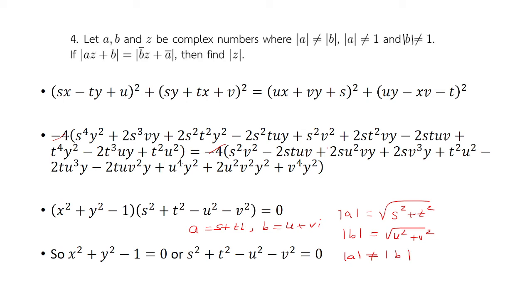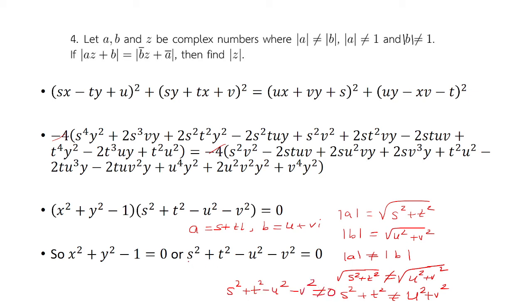In other words, the square root of s squared plus t squared does not equal the square root of u squared plus v squared. If I square both sides, that means s squared plus t squared does not equal u squared plus v squared. And if I subtract the u squared and the v squared, I get s squared plus t squared minus u squared minus v squared does not equal 0.